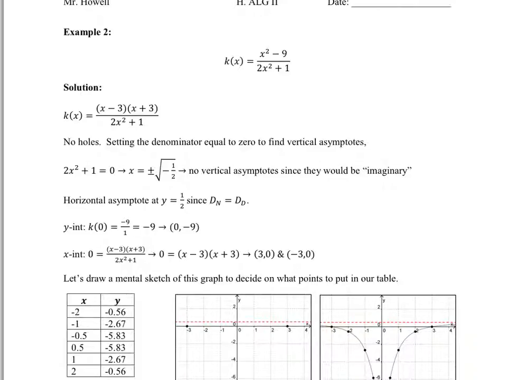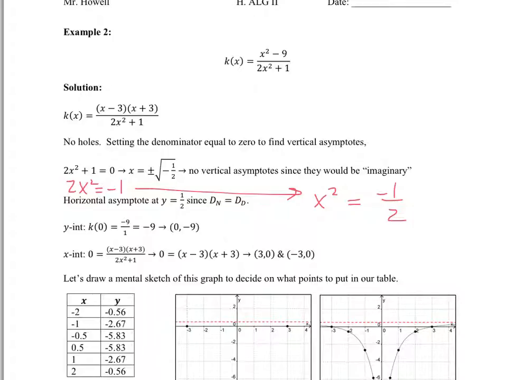Negative 1 half equals x squared. That's imaginary, and that's the problem, guys. We're going to get an imaginary answer when we try to figure out the vertical asymptotes. Well, you can't have imaginary vertical asymptotes. So it turns out this graph has no vertical asymptotes at all. There are no holes and no vertical asymptotes.